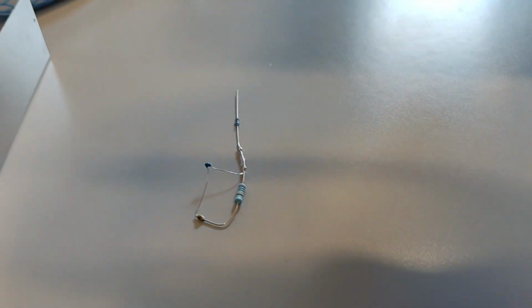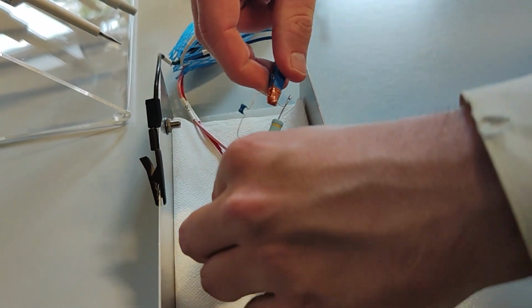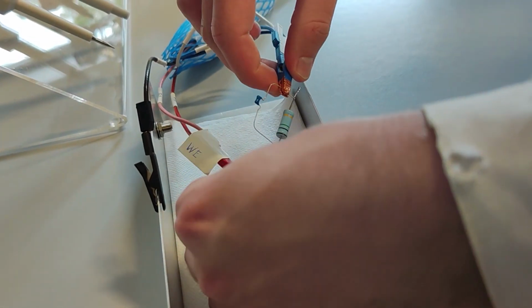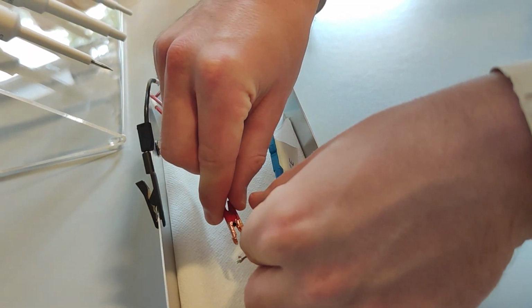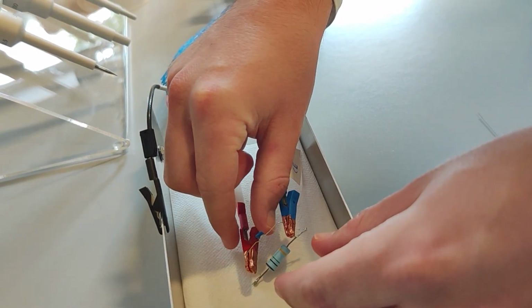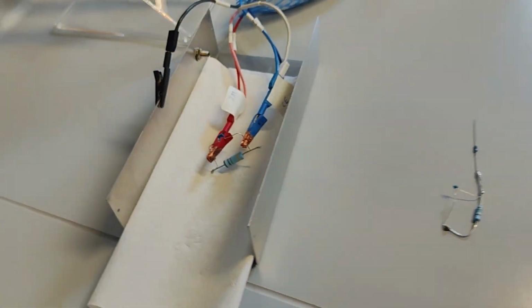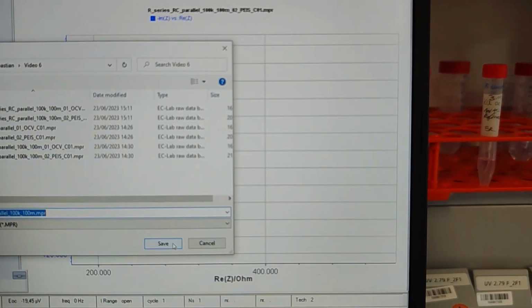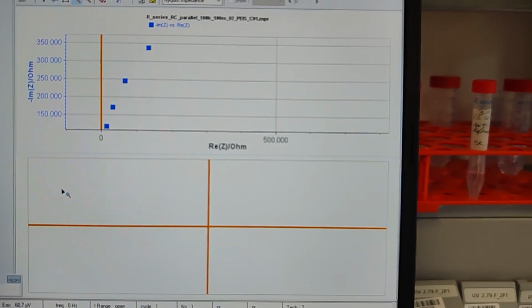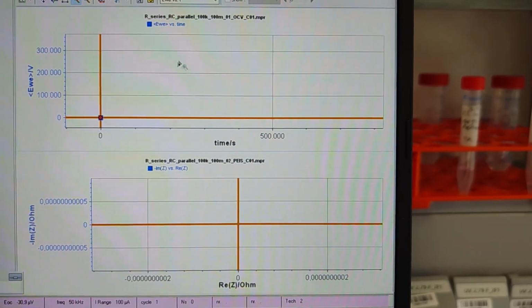Now let's wire the first one up, the RC parallel circuit, and see what the spectrum looks like when we measure it. I will now perform a potentiostatic electrochemical impedance spectrum measurement in the frequency range of 50 kHz to 500 mHz and see what the spectrum looks like.